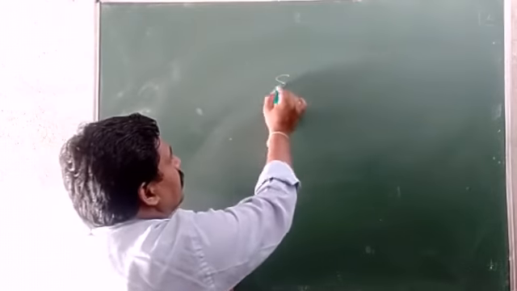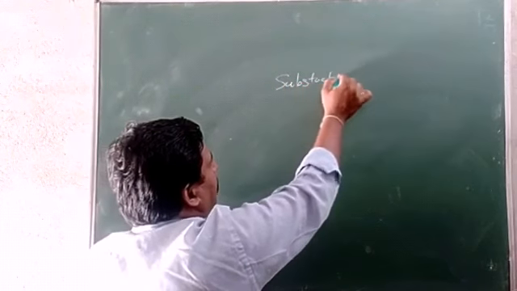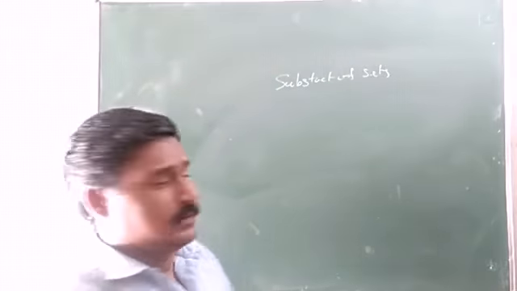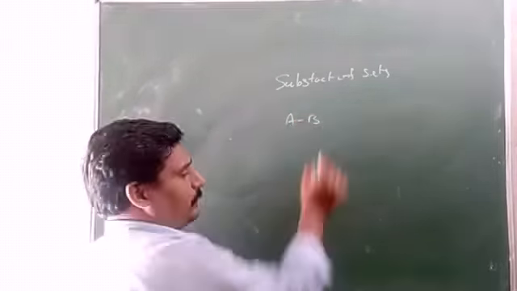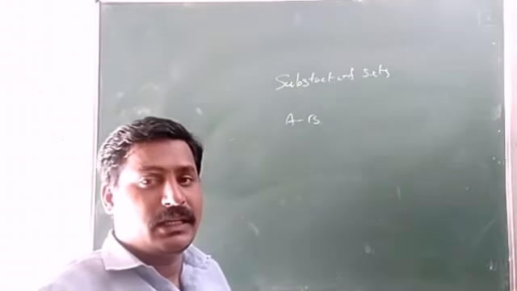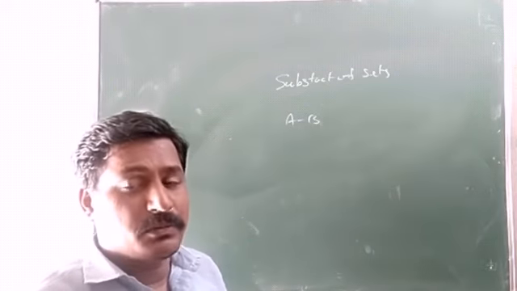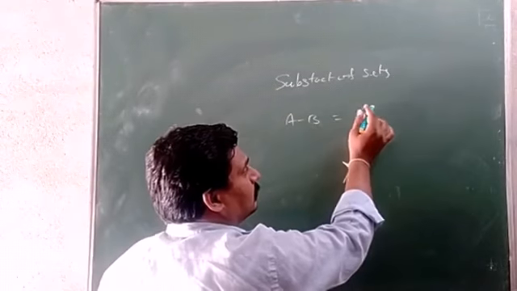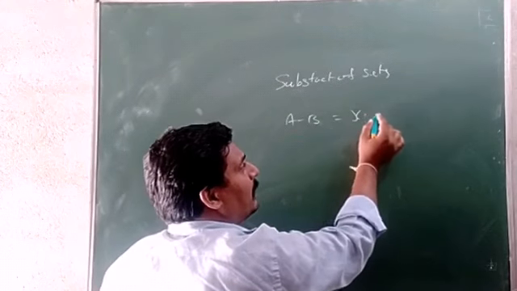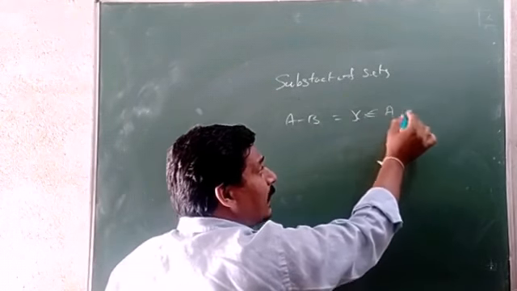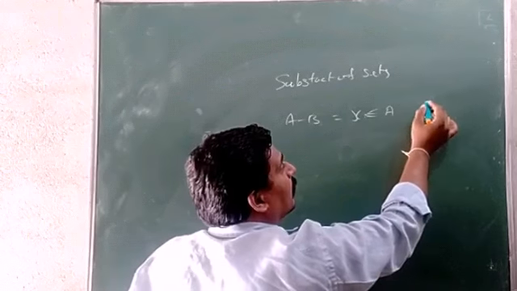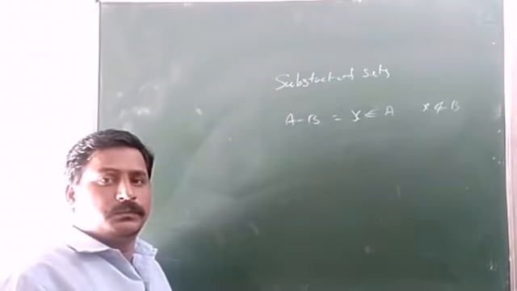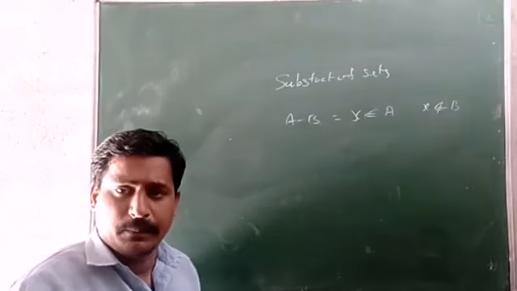Now the subtraction of sets. So the subtraction of two sets. Suppose A minus B. We want to deduct set B from set A. Then it contains the elements X which belong to A, but X which do not belong to B. That means the common ones we are deducting.